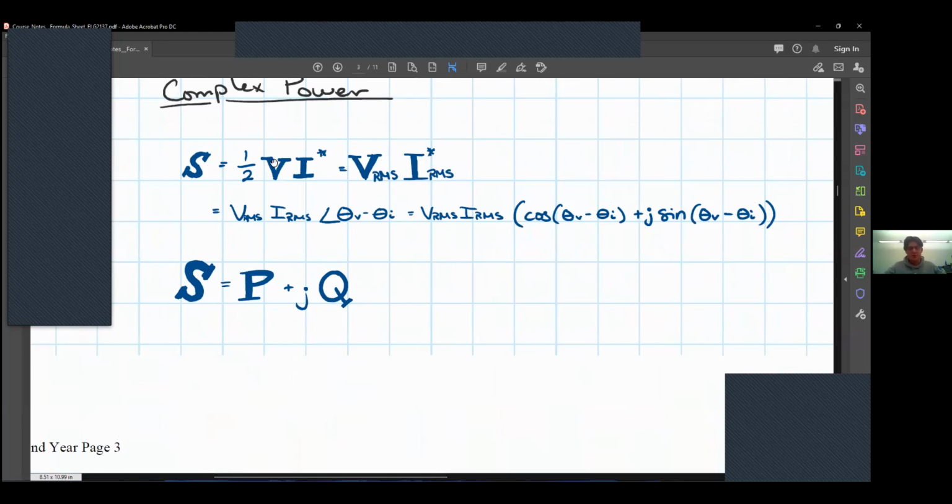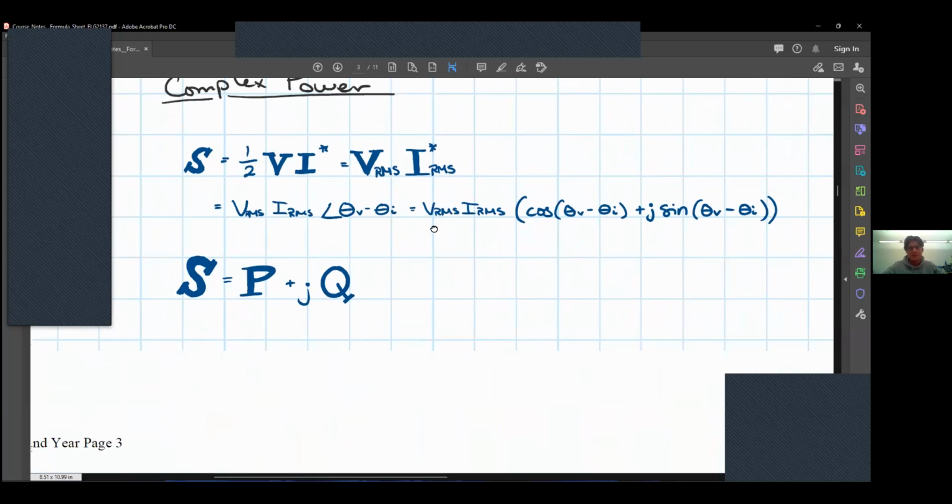That's because, as we mentioned earlier, the RMS is just the phasor over root 2 for fully sinusoidal functions. So 1 over root 2 times 1 over root 2 is just 1 over 2. And thus you can get rid of this if you just use the RMS values.